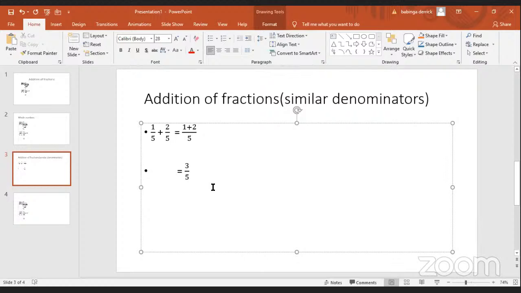Anyone with a question about addition of similar denominators? Okay, Tessie, do you have a question? No, I get you. Thank you, that's good. Trust, do you have a question?